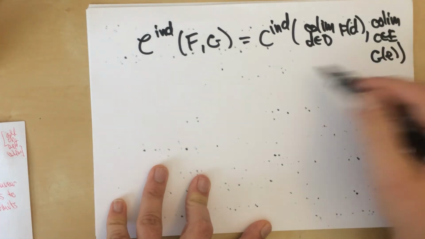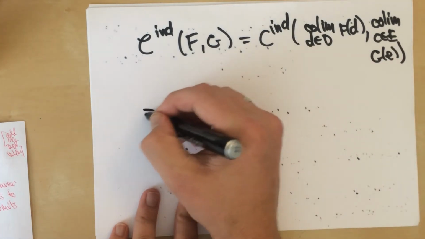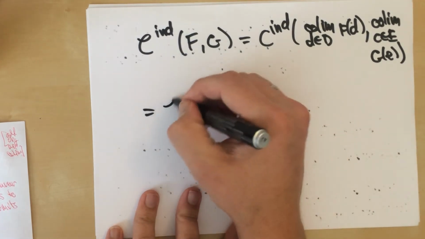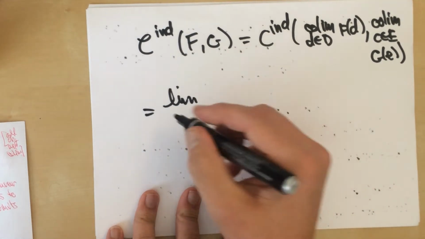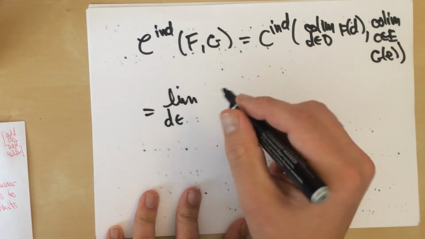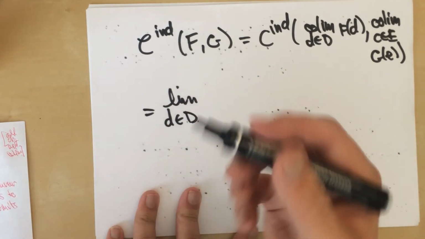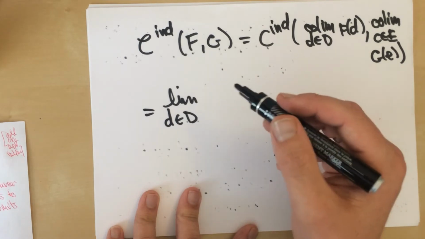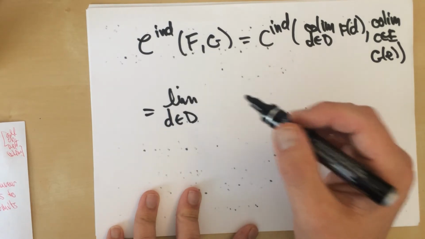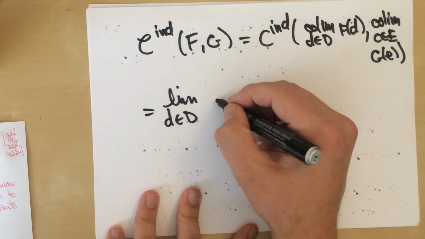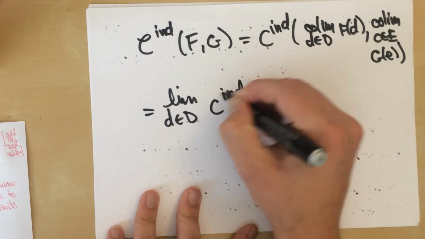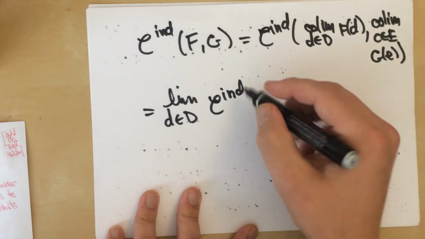Okay, so all objects are co-limits in this category, and this is that property that we had. And this thing says that this contravariant Hom functor will take co-limits to limits. So we have the following.